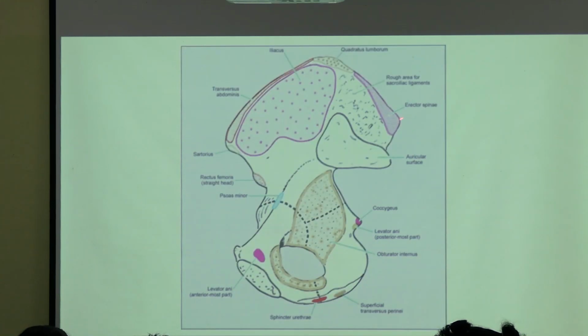You can see here this muscle is attached, quadratus lumborum, and this is the transversus abdominis muscle attached here, anterior 2/3, posterior 1/3.